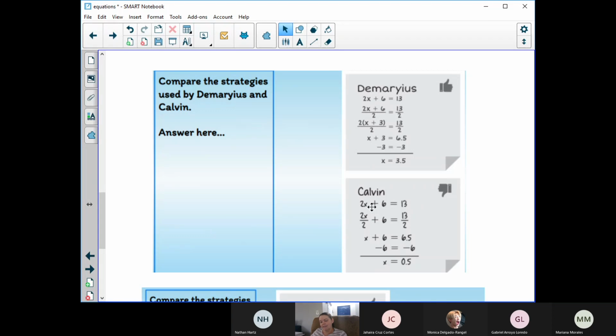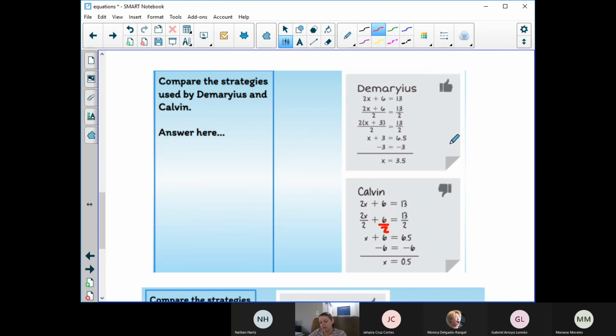Calvin forgot to divide this 6 by 2. If you're going to divide first, you have to divide all of the terms, not just the one where the 2 is.